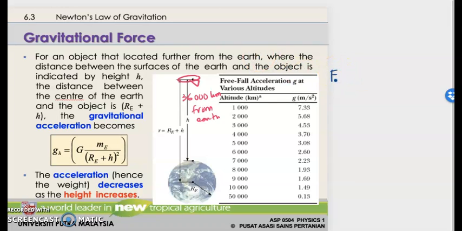So F of satellite to Earth is G, mass of satellite, mass of Earth, over the radius of Earth to satellite. Now I cannot ignore the height now because the satellite is so far away from Earth.